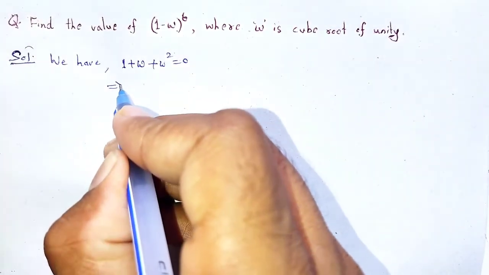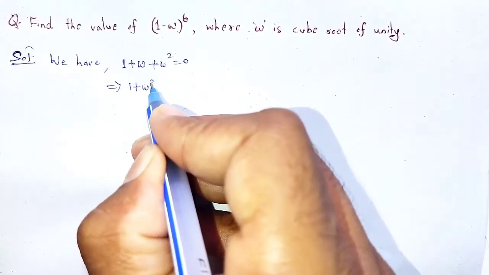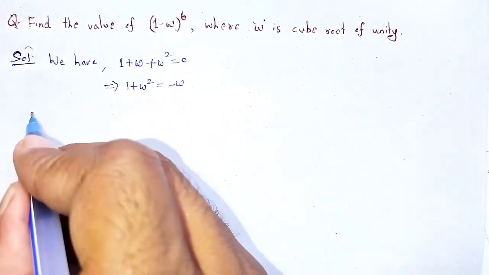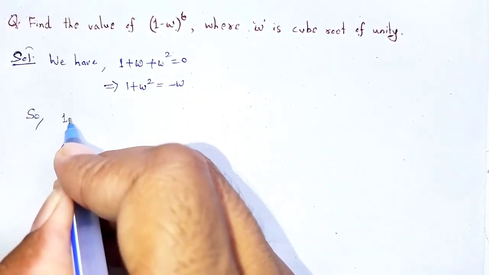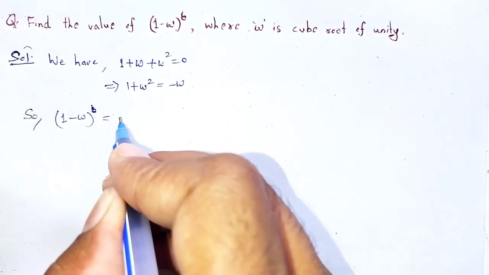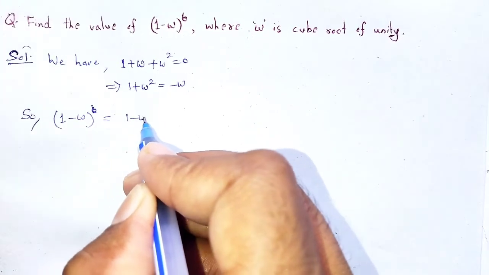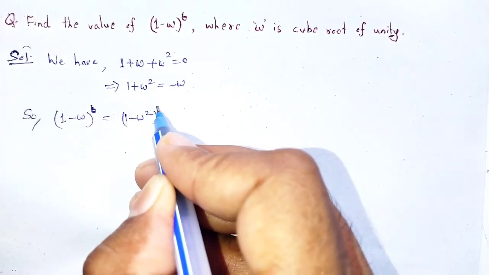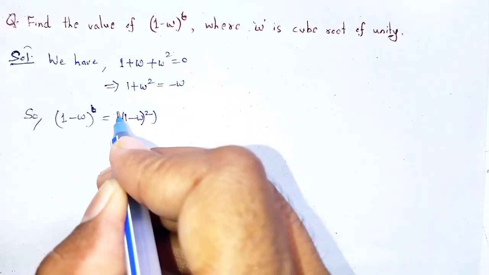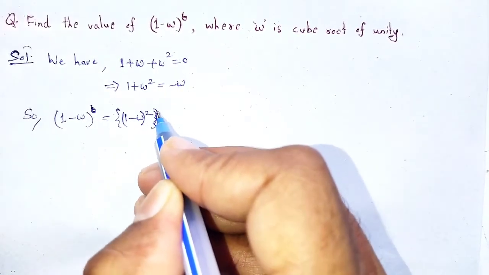From that expression, we have 1 plus omega square is equal to minus omega. Now, we have to find (1 minus omega) to the power 6. It is written as ((1 minus omega) square) cube.